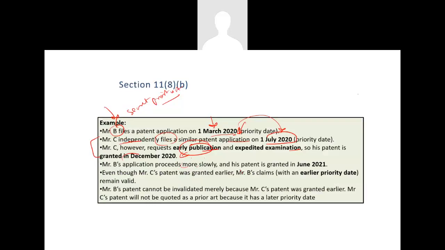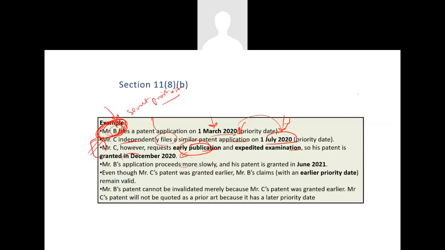So when the patent to Mr. B gets granted, C cannot challenge or invalidate Mr. B's patent. This patent of Mr. B cannot be invalidated just because someone else got a grant to a similar invention, although with a later priority date. Because here Mr. B is not at fault. He was following the normal process, going through the normal timelines. C got it expeditedly examined and expeditedly granted, but has a later priority date.